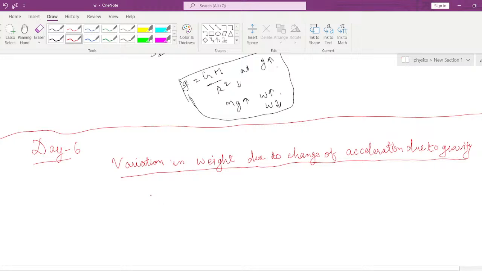Before moving further, let me first ask: what is acceleration due to gravity? We covered these things in previous classes, I guess. So first let me know in the chat box, if anyone is there, what is acceleration due to gravity.